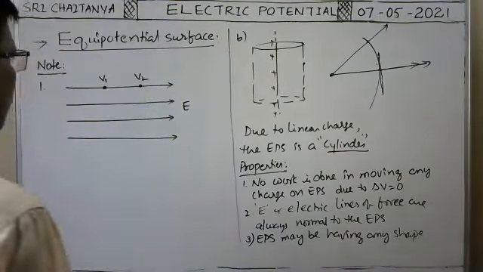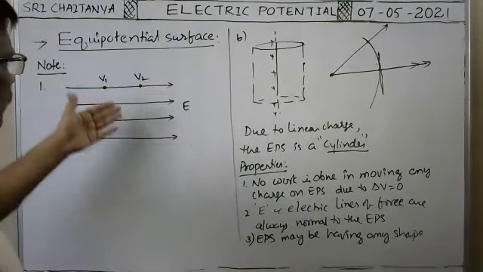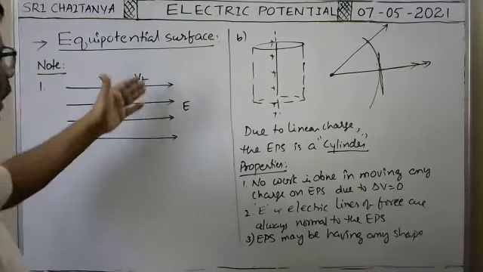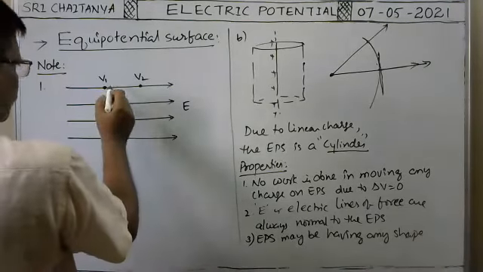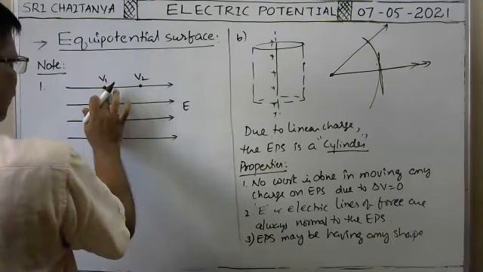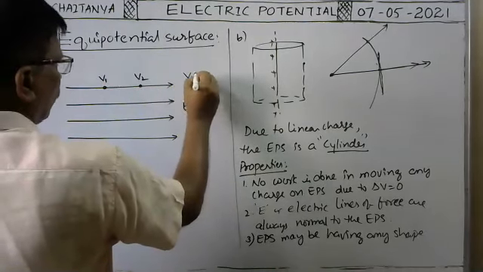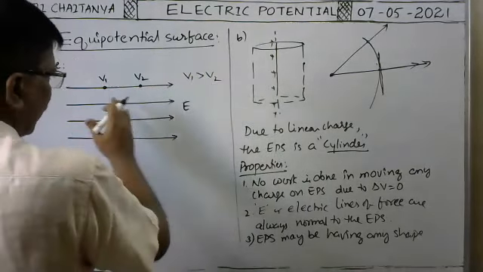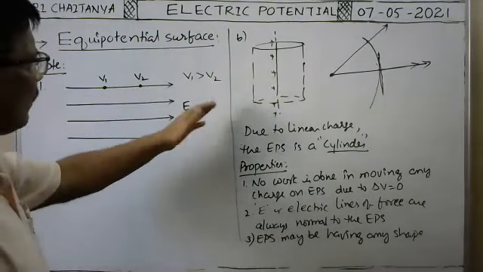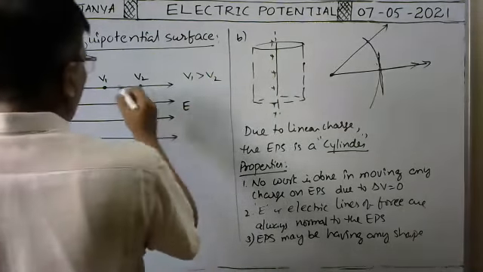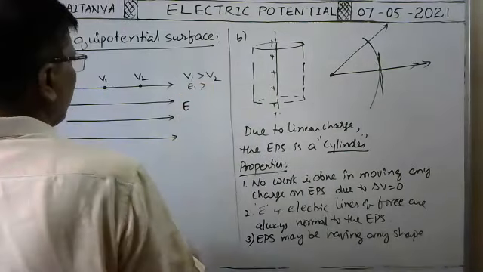Somebody else asked me, are you clarified now? Right. Now it is a uniform electric field because all electric lines of force are parallel and the directions are also the same. From this it is clear that V1 is greater than V2, because along the direction of the electric field, electric potential definitely decreases.